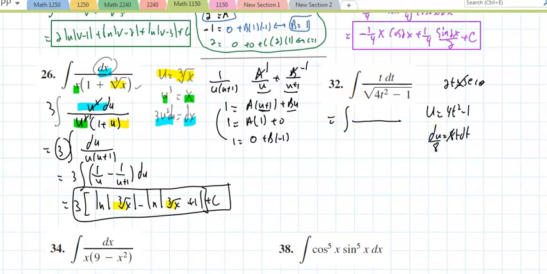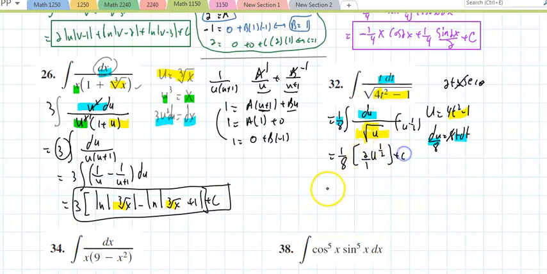This will be the integral of, there's my u, so that's the square root of u, and du is right there, t dt, that would be a 1/8 and a du. This is of course u to the negative 1/2, so if you add 1 to the power, that's u to the 1/2, divide by that, plus c, that would be 1/4 the square root of u plus c, and in this problem, of course, u was 4t squared minus 1.